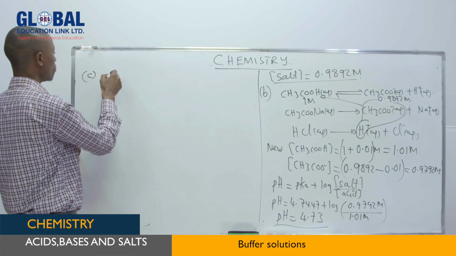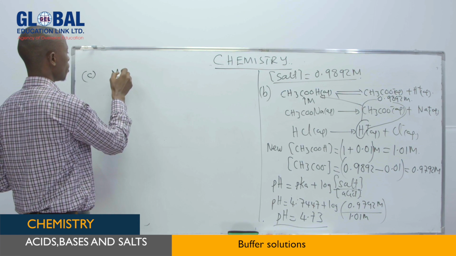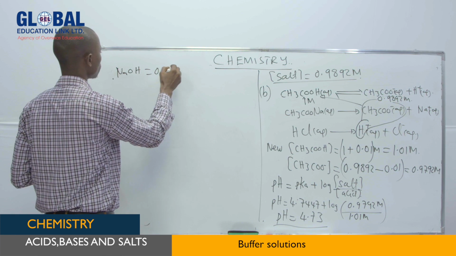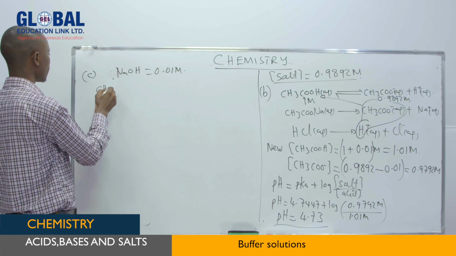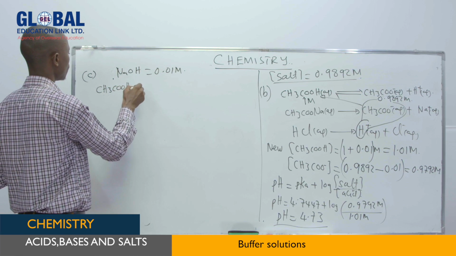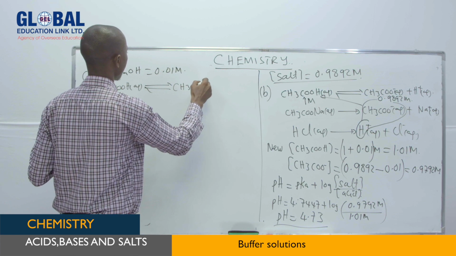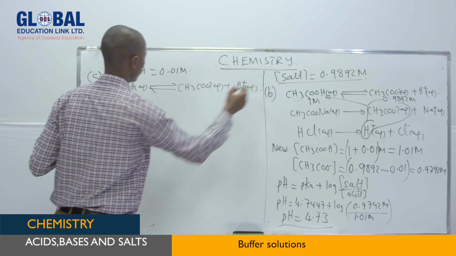C. You are given sodium hydroxide which is equal to 0.01 molar. Now you go back to your buffer system. This one will ionize partially to produce the acetate ion and hydrogen ion.